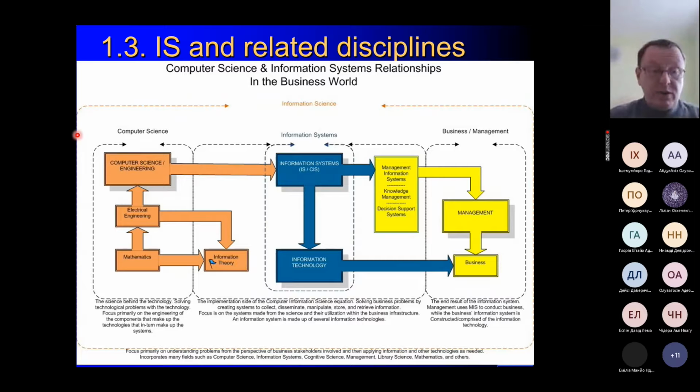So first of all we have to look at information theory and mathematical solutions, which altogether give a source for electrical engineering and for creating hardware solutions, which could form the hardware layer of our information system. And information technology takes from information theory and business needs the methodologies for information processing.